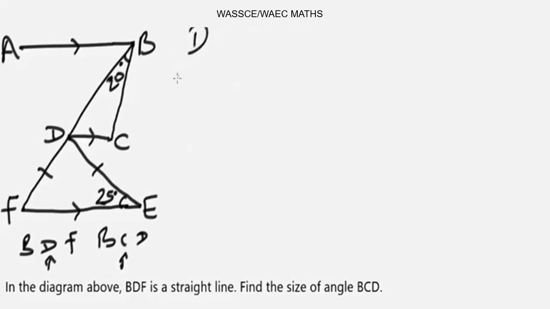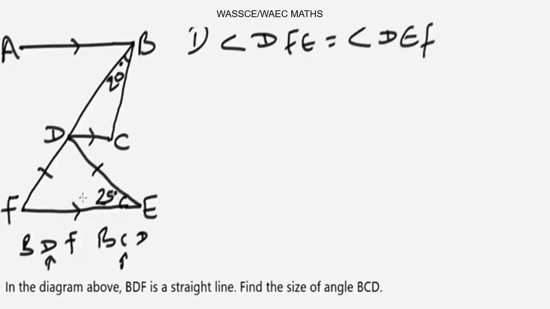Now the first observation we have for this diagram is that if we check carefully, we see that this triangle below, this triangle DEF, is isosceles. Since it's isosceles, it means that angle DFE equals angle DEF.